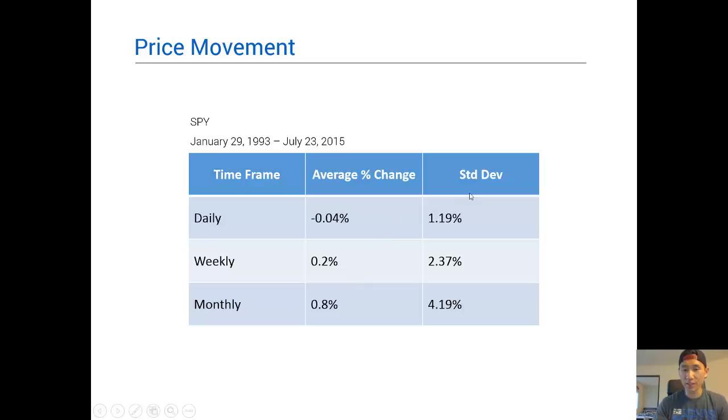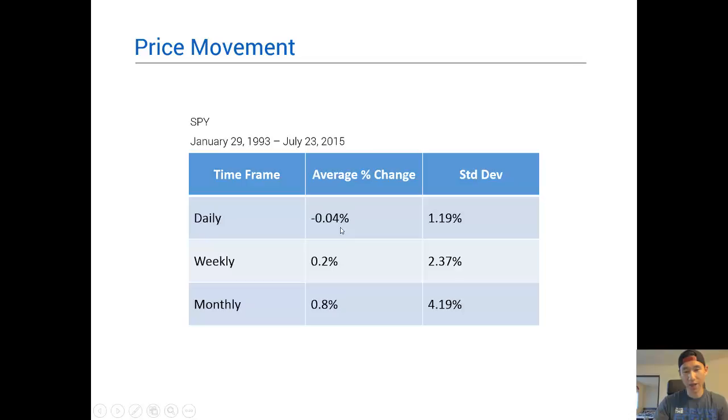And then we have the standard deviation. The standard deviation, if you don't know statistics very well, which is completely okay, standard deviation in regards to stock prices is the higher the standard deviation you have, the more price movement there is within the stock. So you see on a daily basis, price movement is not very large.